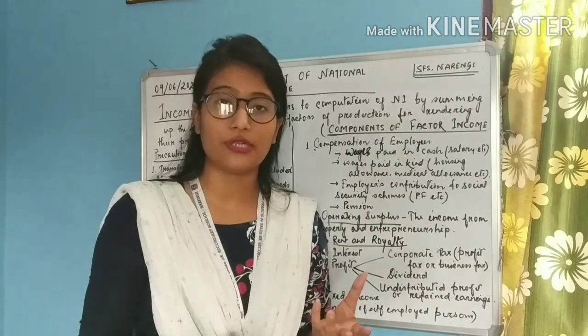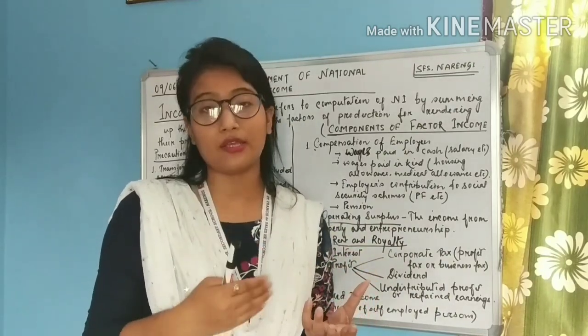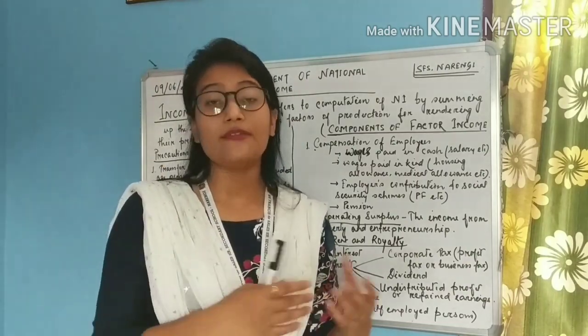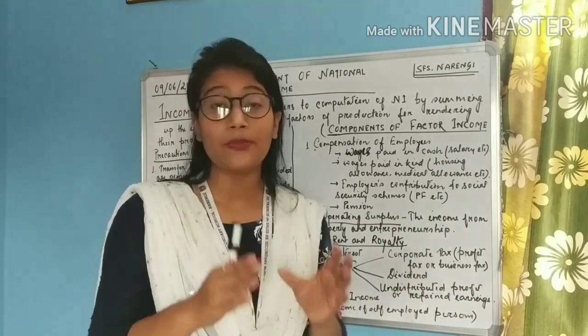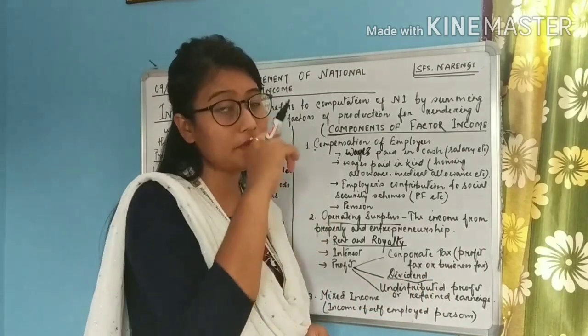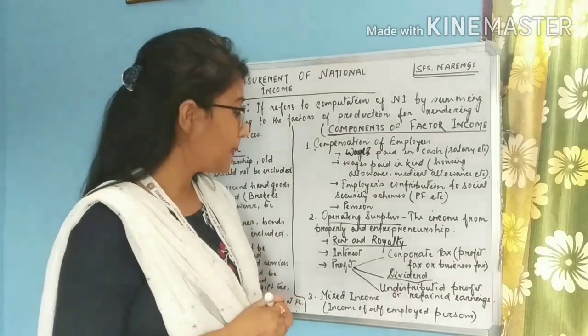According to their amount of share. Suppose I have invested 20%, so whatever profit is accrued, 20% will have to be given to that particular shareholder. If someone has invested 50%, then he will have to be given 50% of the profit. So that is basically known as dividend. The share which is given to the various stakeholders or to the various shareholders, okay?